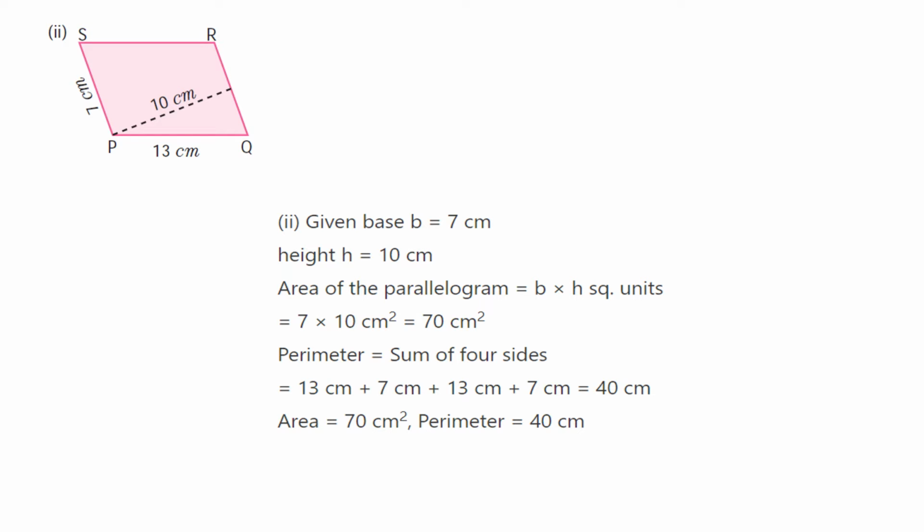Second sum, here also we have to find the area and perimeter. So for area, first what we have to find out is the base. So given here base 7 centimeter.